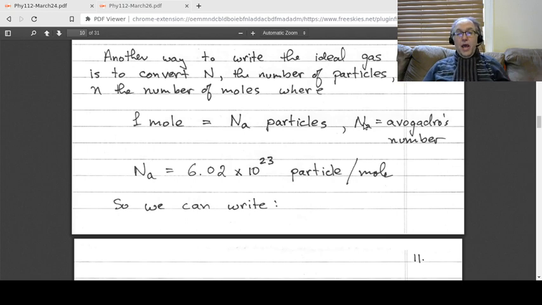And how that was chosen, I'll let your chemistry teachers tell you that. It's not that important, but we have this mole of substance, and it turns out that 1 mole is the same as 6.02 times 10 to the 23 particles.